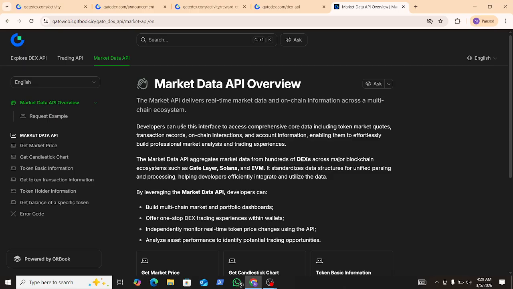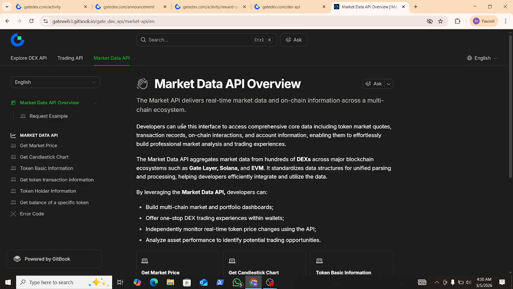The market data API aggregates market data from hundreds of DEXs across the major blockchain ecosystems such as Gate Layer, Solana, and EVM. It standardizes the data structure for unified parsing and processing, helping developers efficiently integrate and utilize the data.